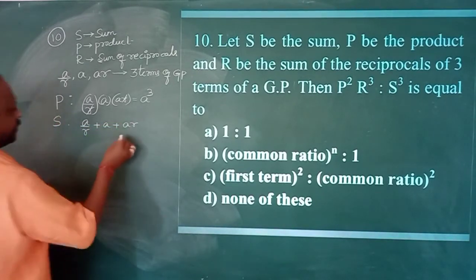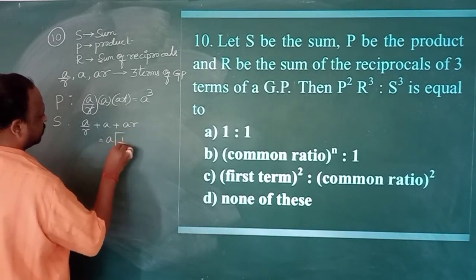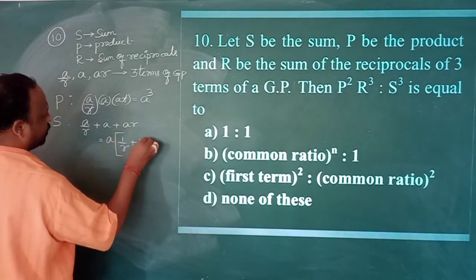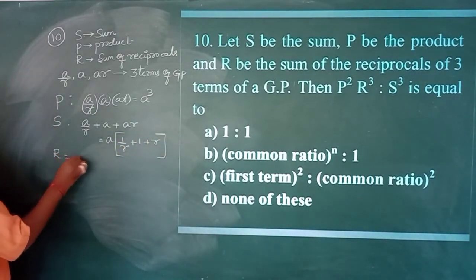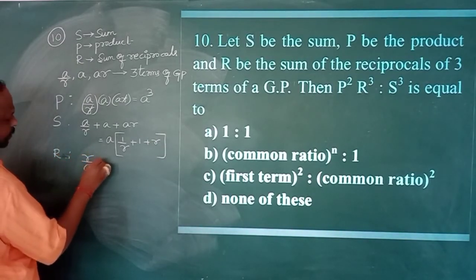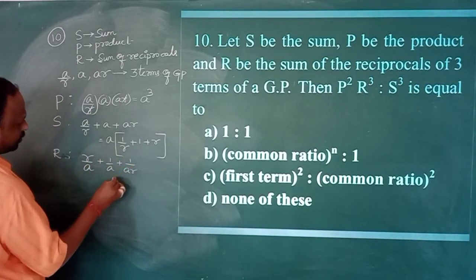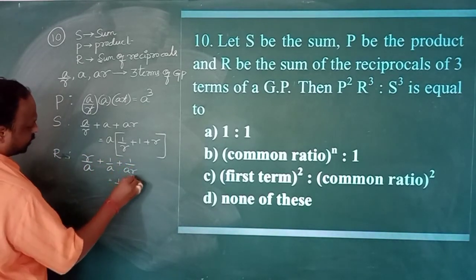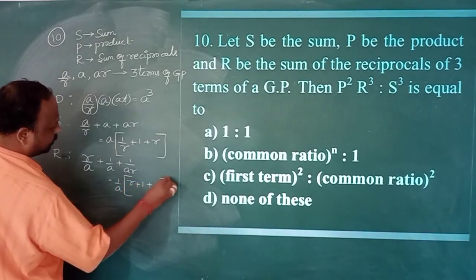So this will be a common, 1 by r plus 1 plus r. Capital R will be r by a plus 1 by a plus 1 by ar, that is 1 by a common, r plus 1 by r.